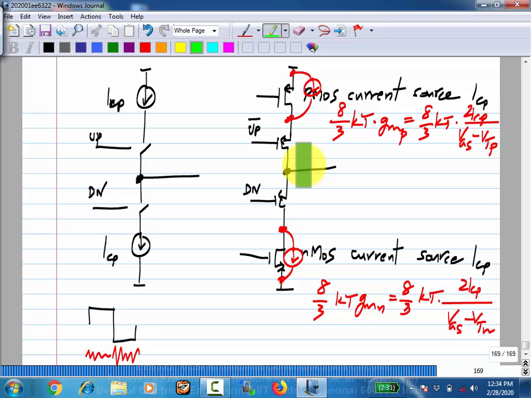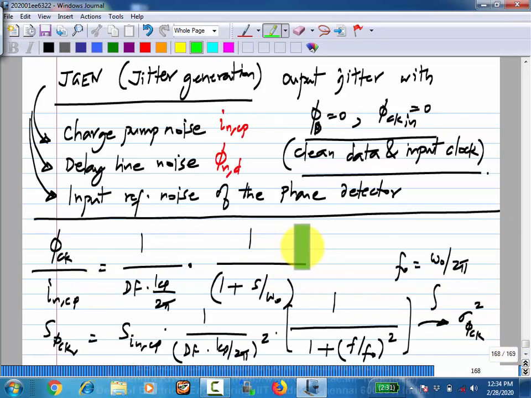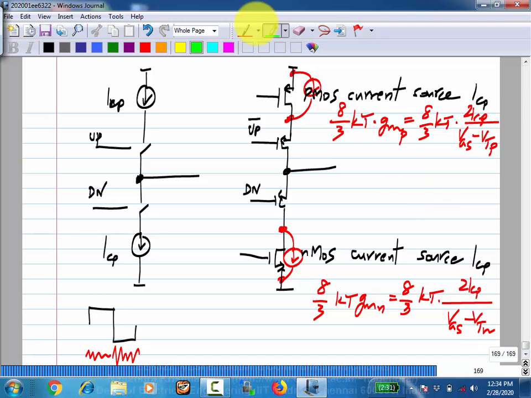Okay? So all of that has to be done, but the bottom line is you can calculate the noise of the charge pump and then pass it through this transfer function. And at least the easiest case is when you consider only white noise sources and the two white noises are the same, that is this and that have the same gm. Okay? In that case, you will have 8/3 kT gm as the spectral density of the charge pump noise, and this will get multiplied by this whole thing.